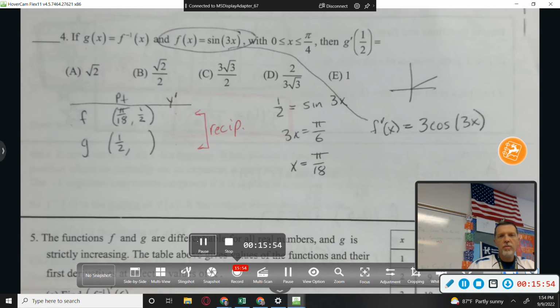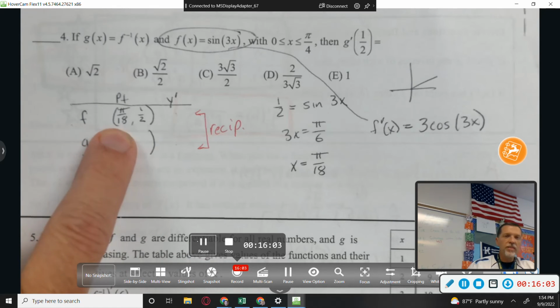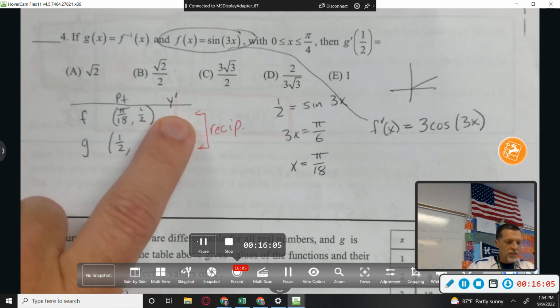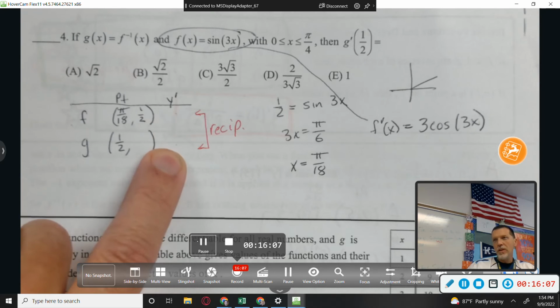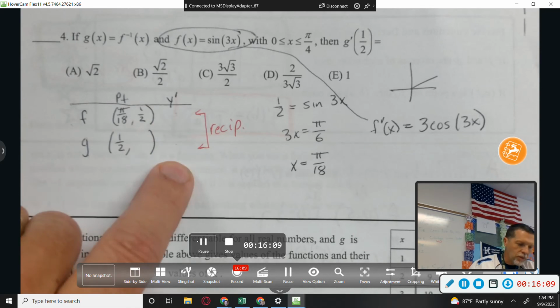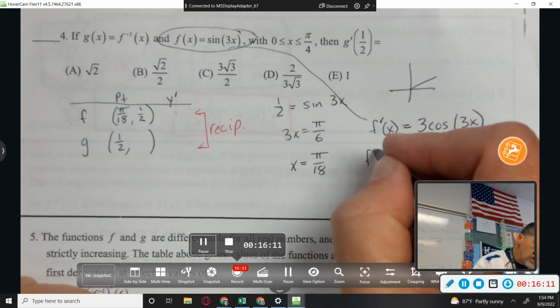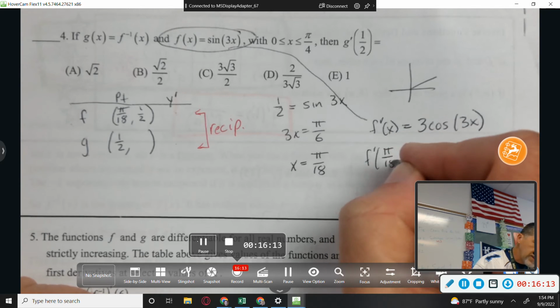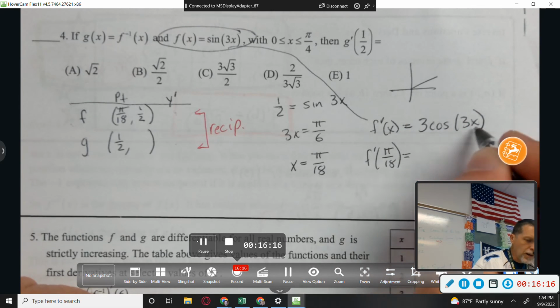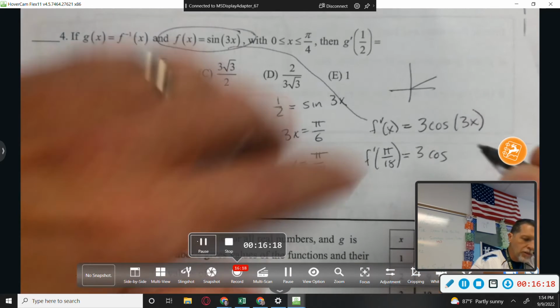Okay. So what next? Do you plug in the x at pi over 18? Yep, I'll plug in pi over 18. That will tell me this slope. Then I'll flip it over to get the slope that I want, to get the derivative that I want. So f prime of pi over 18. That looks terrible, but we're going to multiply it by 3 in a minute, so it'll be okay.